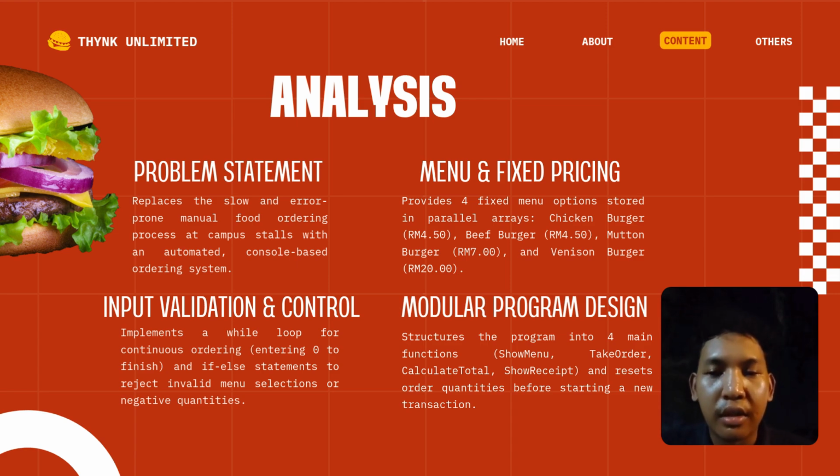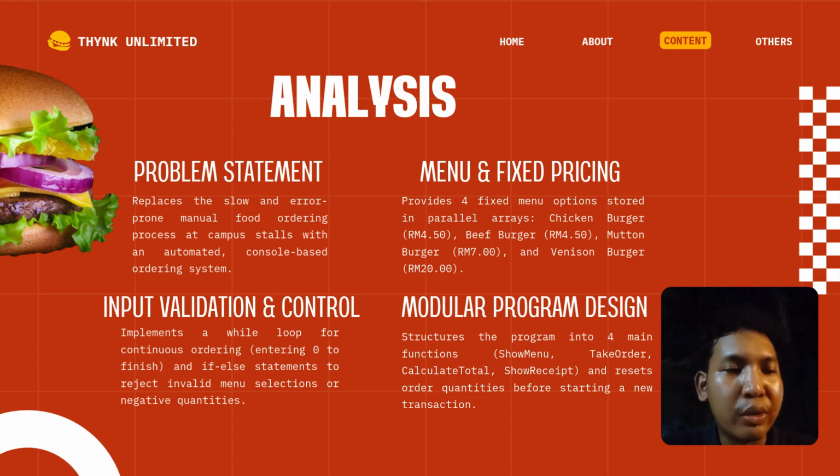Okay, next we have analysis. In our system, we have identified 4 analyses. So first, the problem statement: replace the slow and error-prone manual food ordering process at the campus store with an automated console-based order system.